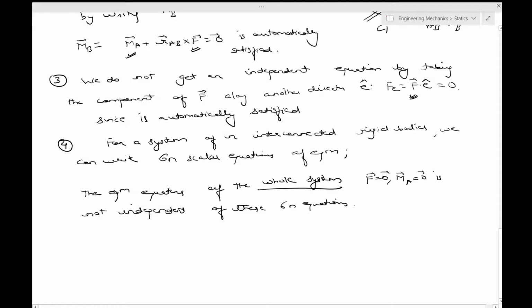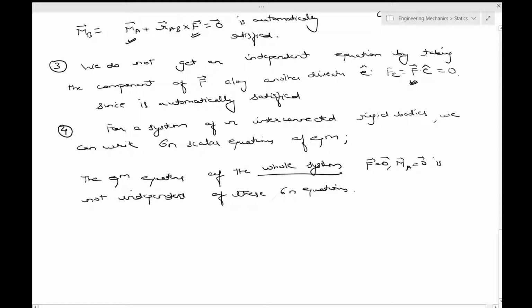So finally, let's list out the independent equilibrium equations for various force systems.